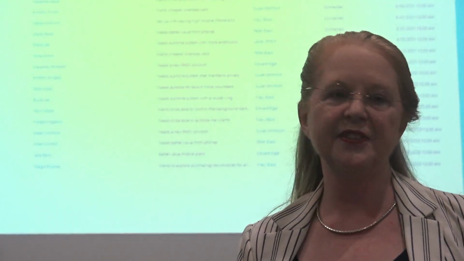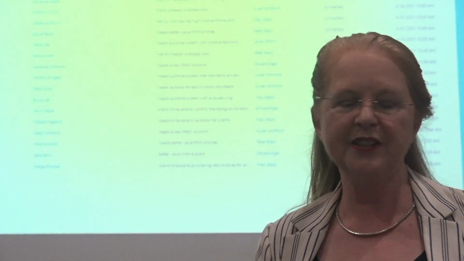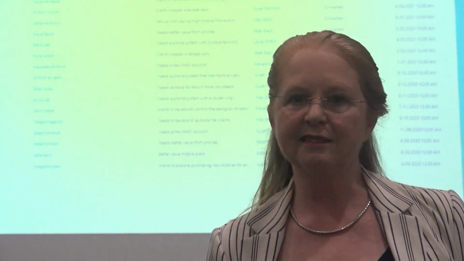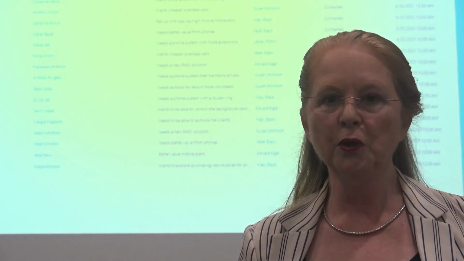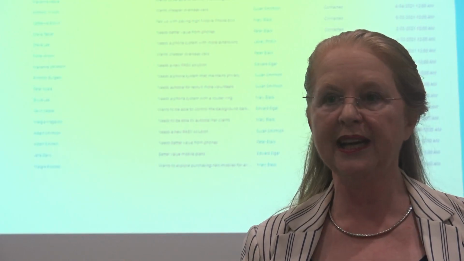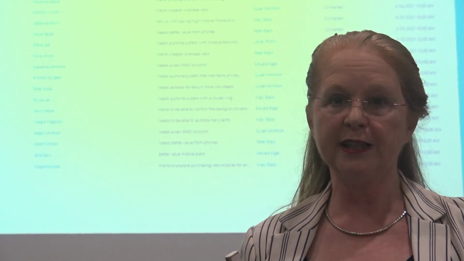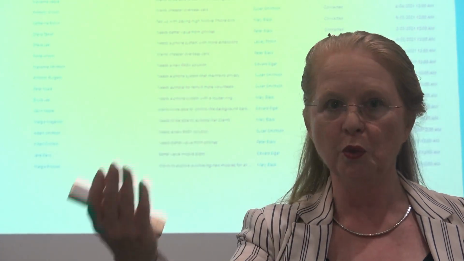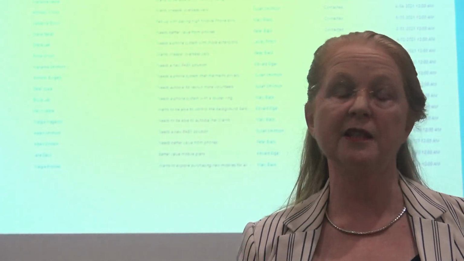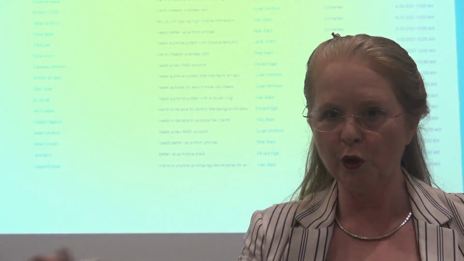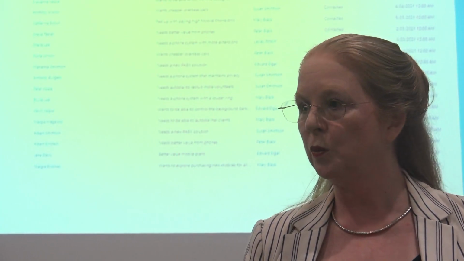The detail of this is not important. It is fictitious, and I don't expect you to be able to read it. What's important is that in 1 or 2 clicks, I've gone from a chart giving me a high level to the detail.